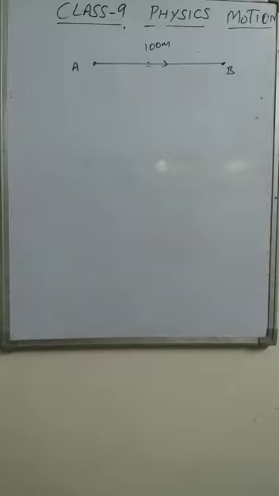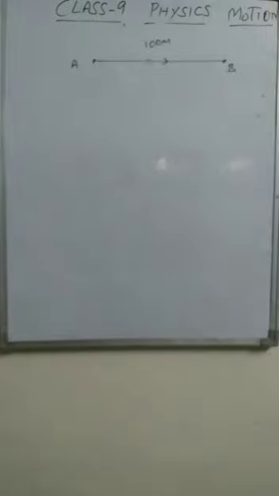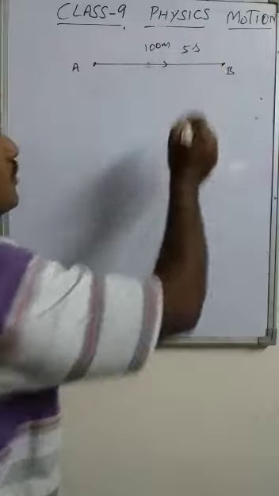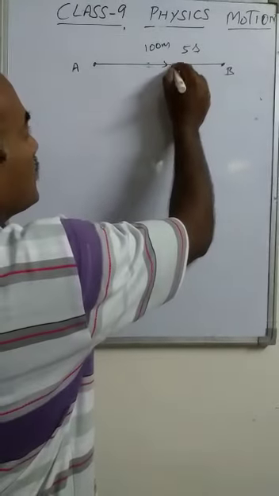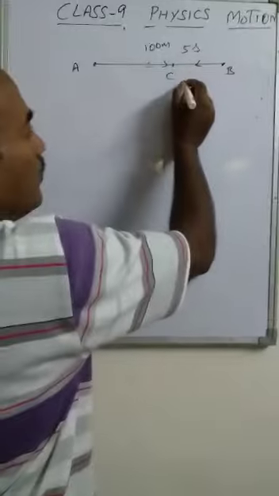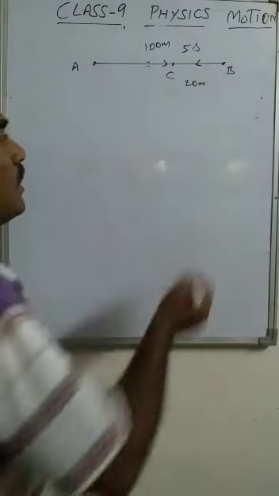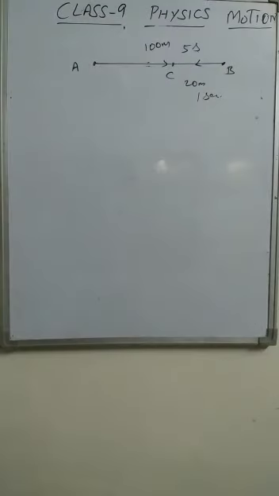The length of the path is 100 meter, and the time taken is 5 seconds. Then from B to C he travels in the opposite direction along the same path for 20 meter, and he takes 1 second.